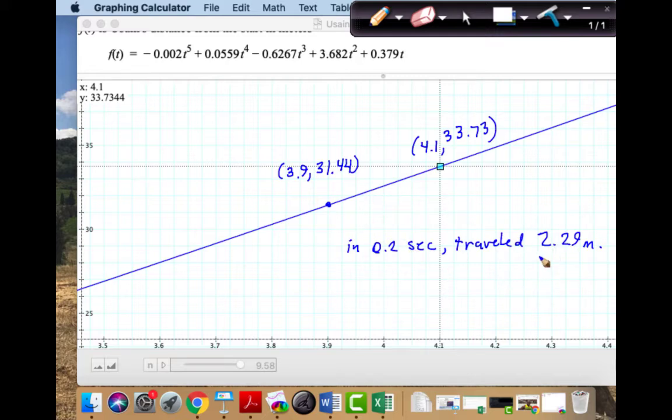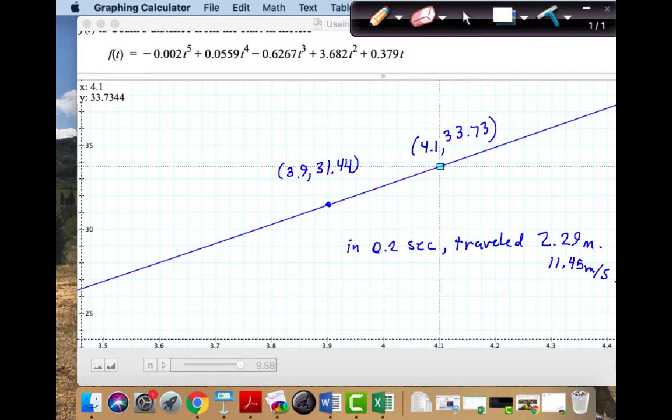So if we do meters divided by seconds, we'll get his speed, which you can maybe see is going to be close to that number that we had before. 2.29 divided by 0.2 is 11.45. I could pull up GC again, but dividing by 0.2 is not too hard.